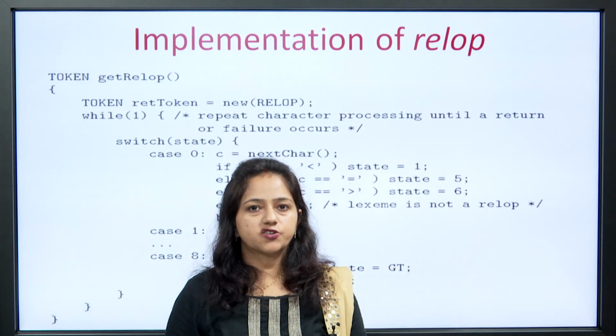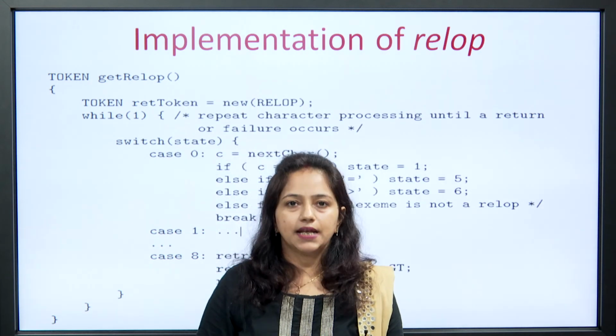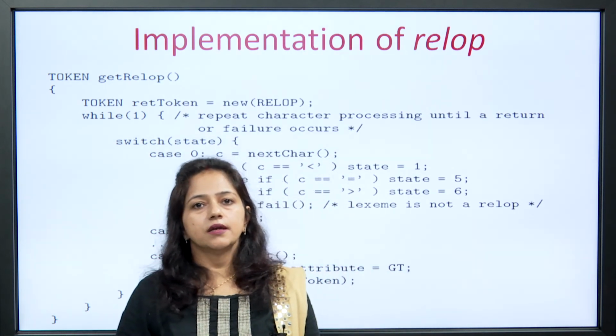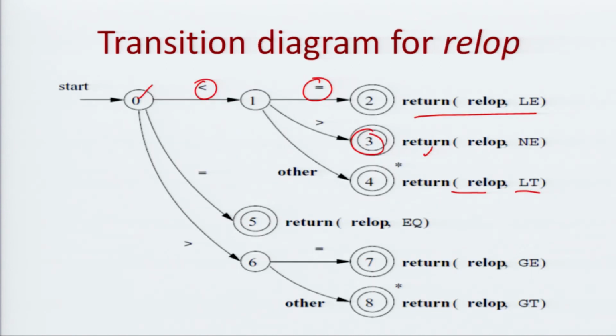For these constructs, we can implement them using any programming language. We have specific tools also, but they can be implemented using programming languages like C, C++, Java; any language can be taken. I will tell you the idea for implementation. Suppose we have this diagram. Here we will write a switch case, a switch with respect to state, and we will write a case for, suppose, state 0.